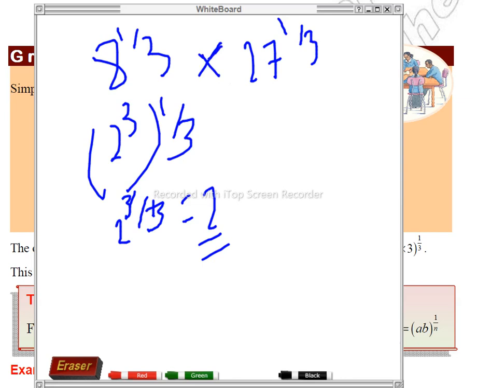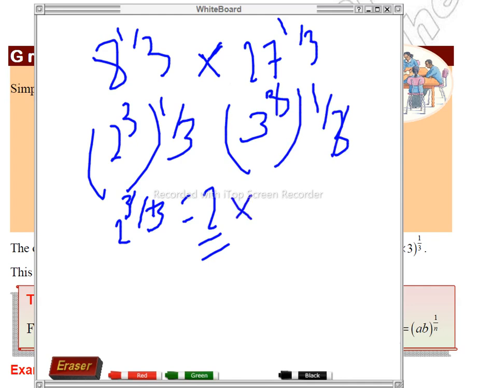And here we have 27. 27 means 27 to the power of 1 over 3. So 27 means 3 to the power of 3 and the whole 1 over 3. We cancel 3 by 3. We get only 3. So 2 times 3 is equal to 6. This is the first way of doing this equation.